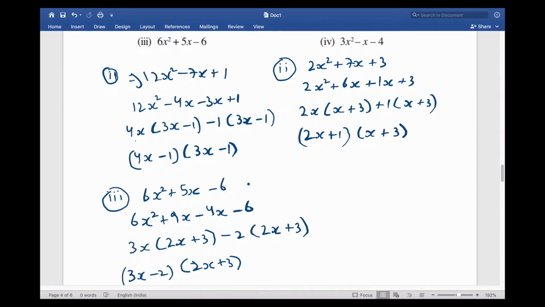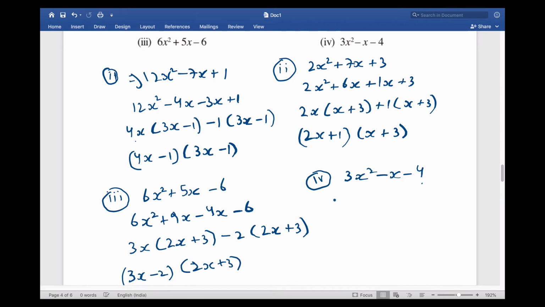It says 3x square. Let's try and fit it somewhere here. 3x square minus x minus 4. So minus 4 into 3 gives me minus 12, and he has already helped us by giving the factors, because these are the two numbers which when subtracted give me minus 1 also, because we can imagine there's a 1 here.